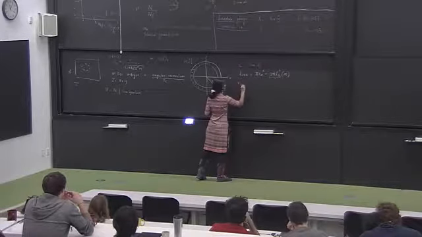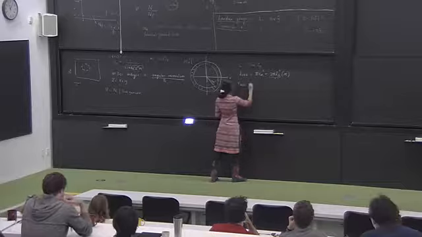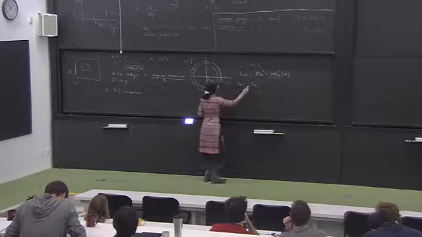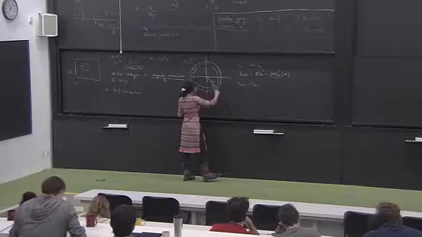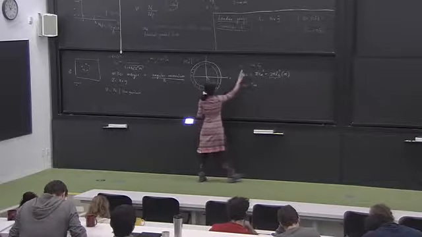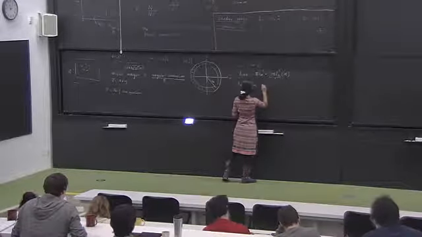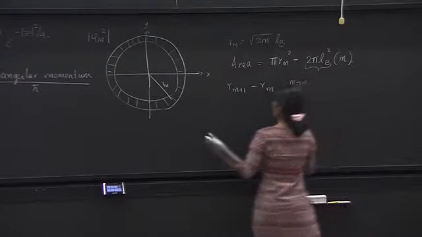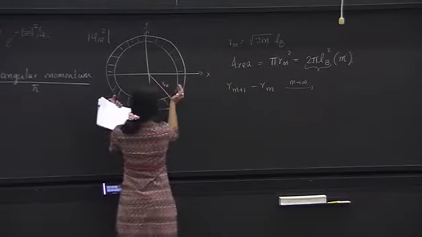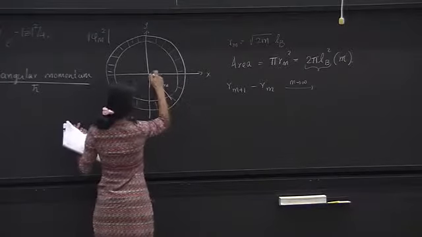Just another observation. Look at the difference in the radii of adjacent wave functions, R_{m+1} minus R_m, in the limit of very large angular momentum. The larger the angular momentum, the farther the ring is from the center.